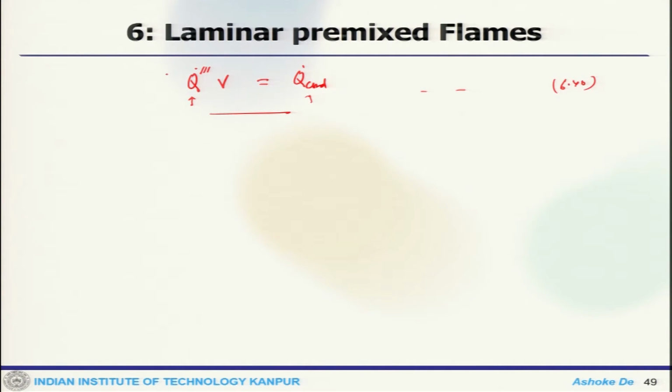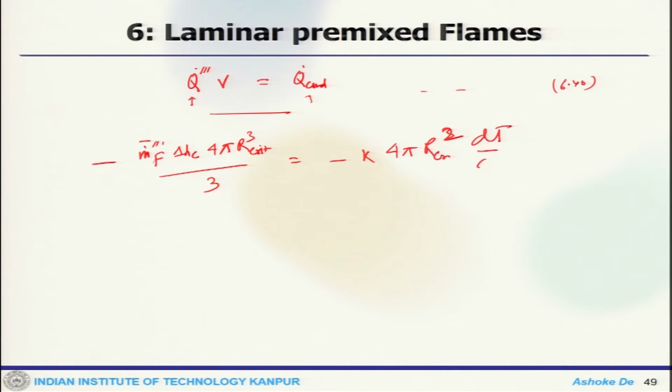Basically, it is a total amount of energy. Now, this we can replace by our previously obtained reaction rate: delta AC 4 pi R critical cubed by 3 minus kappa 4 pi R critical squared dT by dr at R critical.